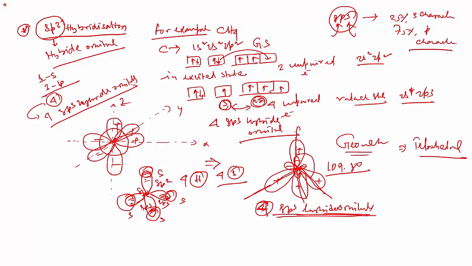Okay. Now, for example, the sp3 hybridization of the NH3 molecule. First you have to note which is the central atom. Nitrogen is the central atom. The electronic configuration of nitrogen is 1s2, 2s2, and 2p3.